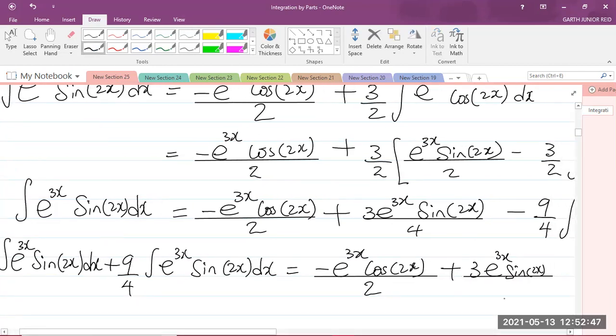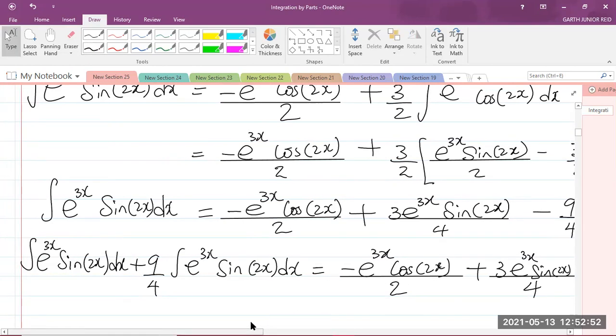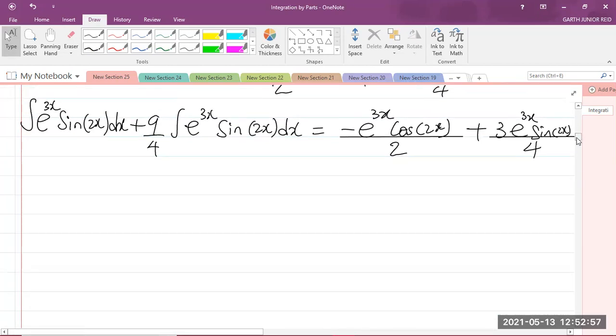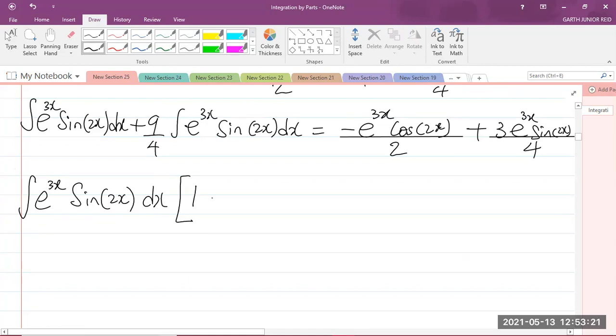Okay, so let us now simplify the left-hand side. Now if you realize, the integral of e to the power of 3x times the sine of 2x is a common factor, so I'm going to factor that out. Okay, so when I factor it out, I get the integral of e to the 3x multiplied by the sine of 2x dx, and I'm multiplying this integral by, when I factor out this integral in brackets, I will get 1 plus 9 over 4.